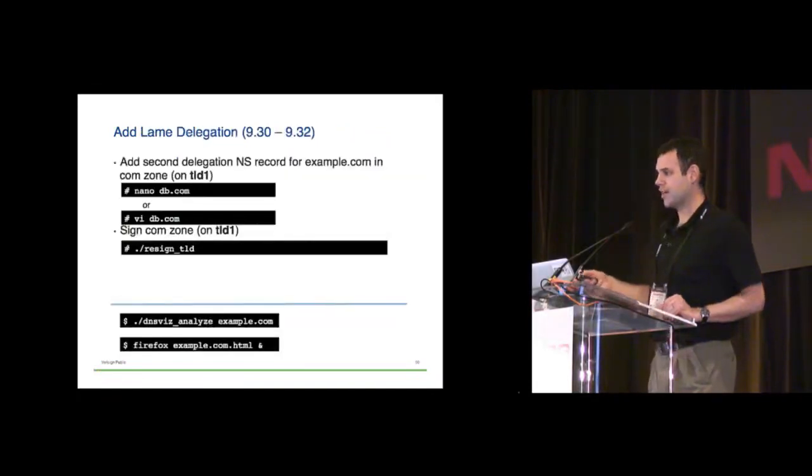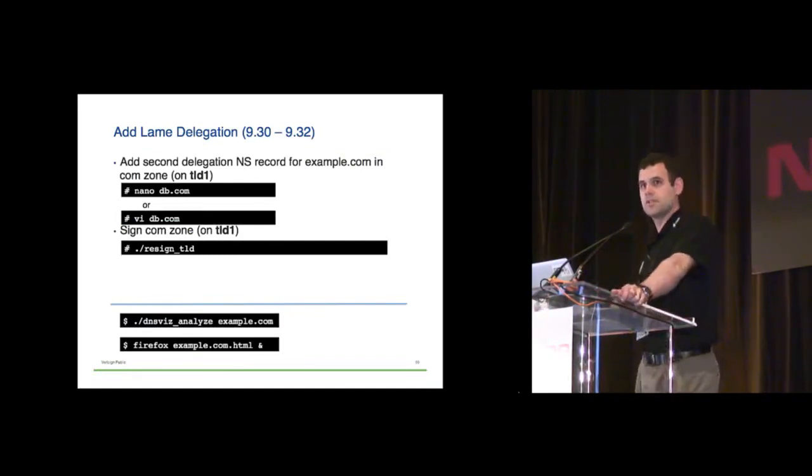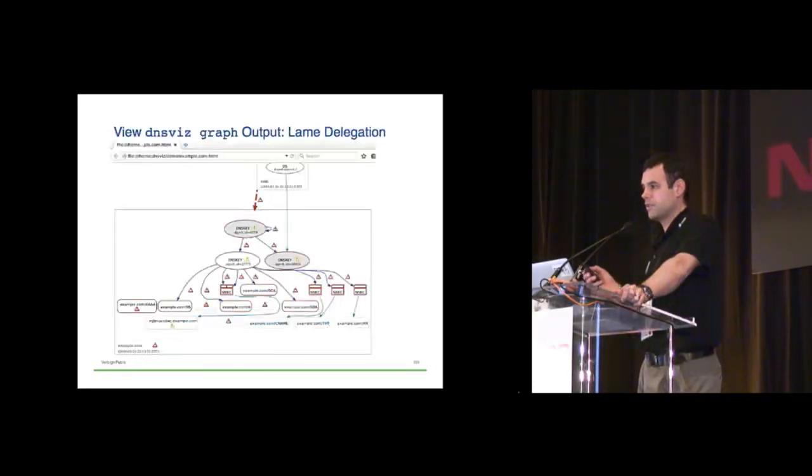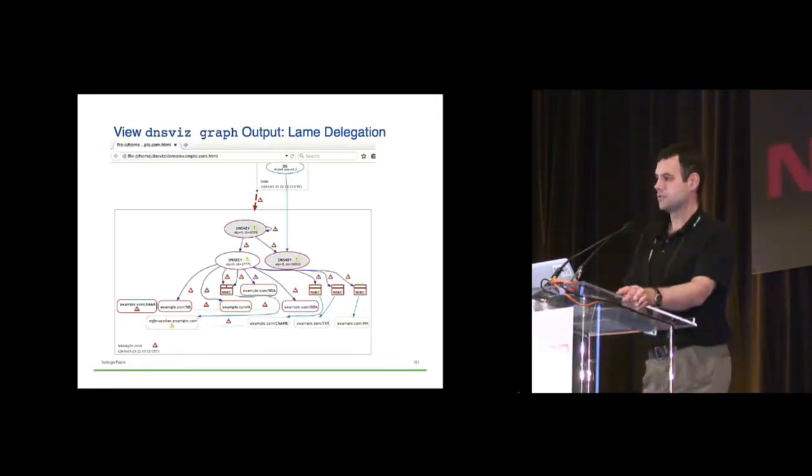So go ahead and run those commands. Run that resign TLD, and then run your reanalysis from your guest terminal. And it'll take a little bit longer because you'll notice it's trying hard to access this other server.